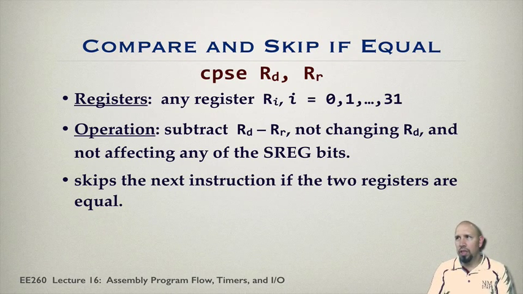This is a really handy instruction because it can use any register, it doesn't change the destination register, and it does not affect the status register bits. So it's a really nice command if you need that kind of thing for a particular branching structure.